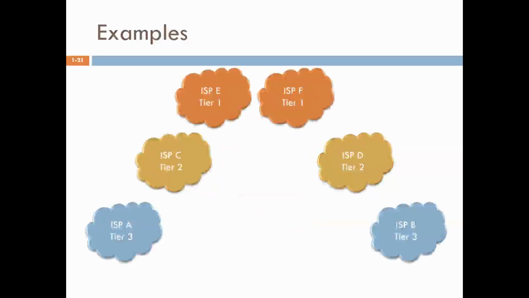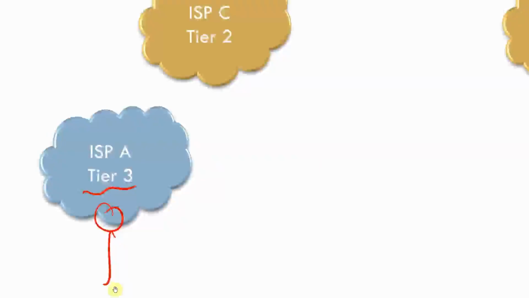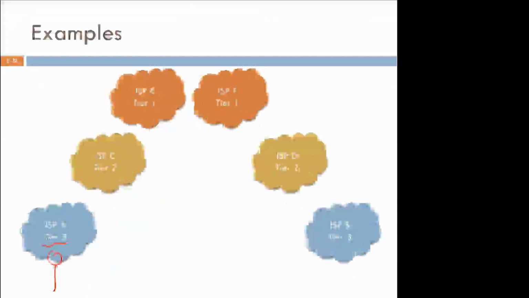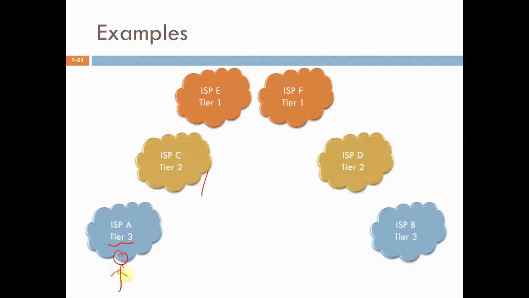And so let's say we want to see how a packet travels from ISP A. Let's say there is a customer here, wishing to send data to a customer of ISP B. So the packet should go from ISP A to ISP B. How does this travel?